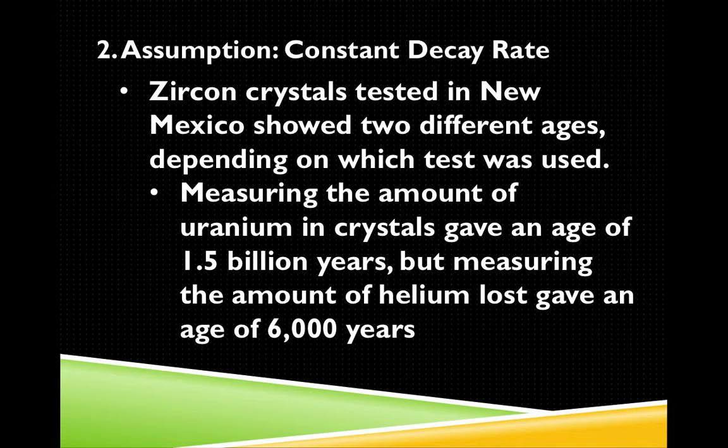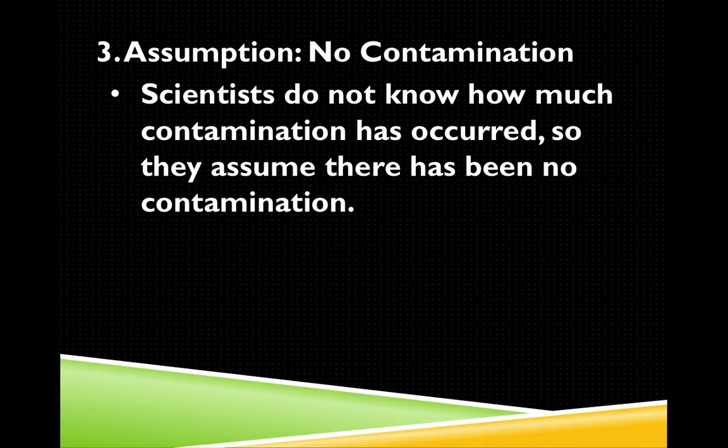All right. The third assumption is no contamination. And again, scientists don't know how much contamination has occurred, or even if any has occurred, so they assume that there has been no contamination. But if contamination has occurred, then that would change the age of the rocks. Now, let me tell you what contamination would be.